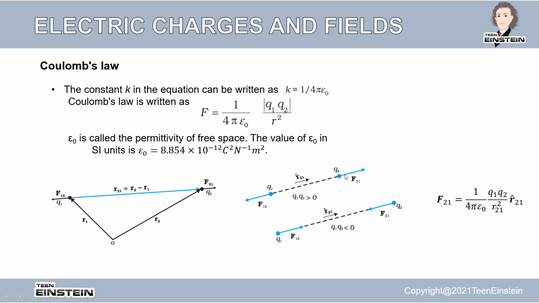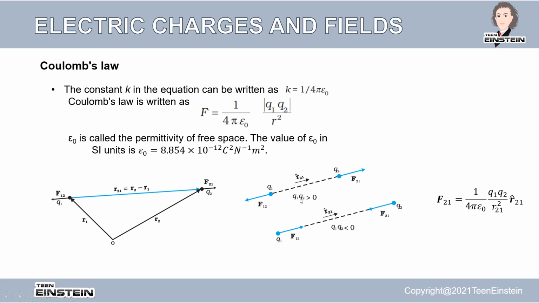So the force here, F21 and F12. What happens if the product of Q1 and Q2 is greater than 0? When we say greater than 0, it has to be positive. What are the chances of the product Q1 Q2 being positive? They have to be like charges. They either both have to be positive, or they both have to be negative.